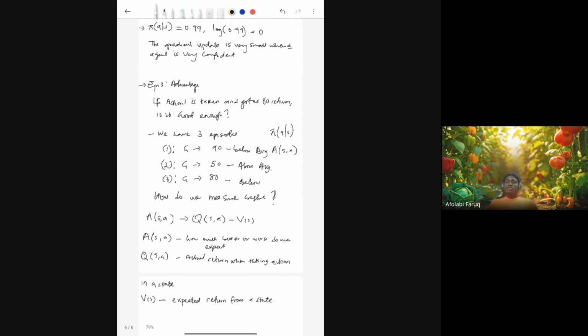So how do we solve this? In practice, we approximate with one step.